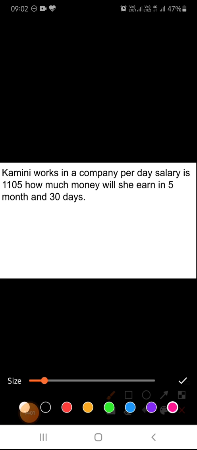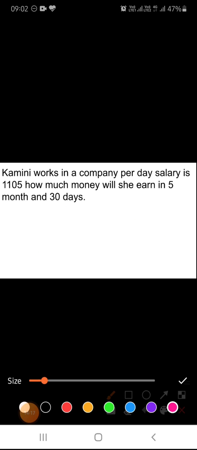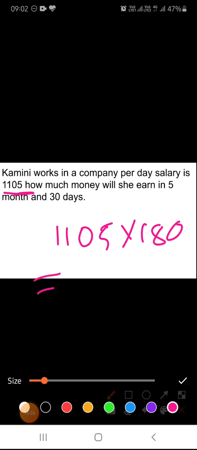So 5 months means how many days? 5 into 30, it will be 150 days, and plus 30, it will be 180. So you have to find the salary for 180 days. So how will you do it? Per day is 1105. So 1105 multiplied by 180, you will get the salary for 5 months and 30 days.